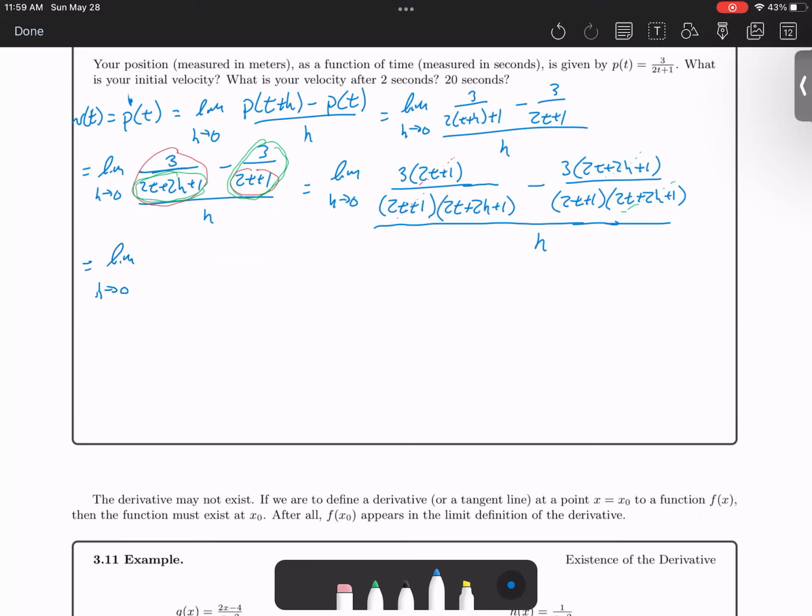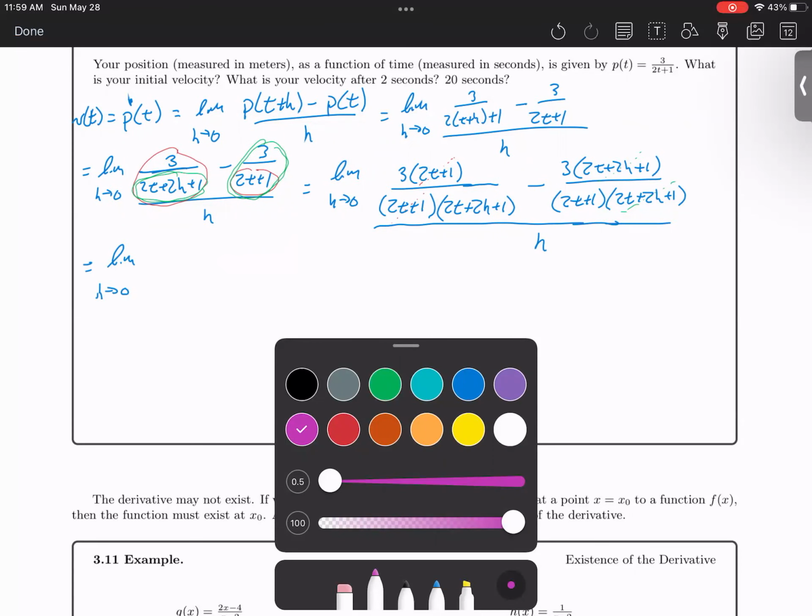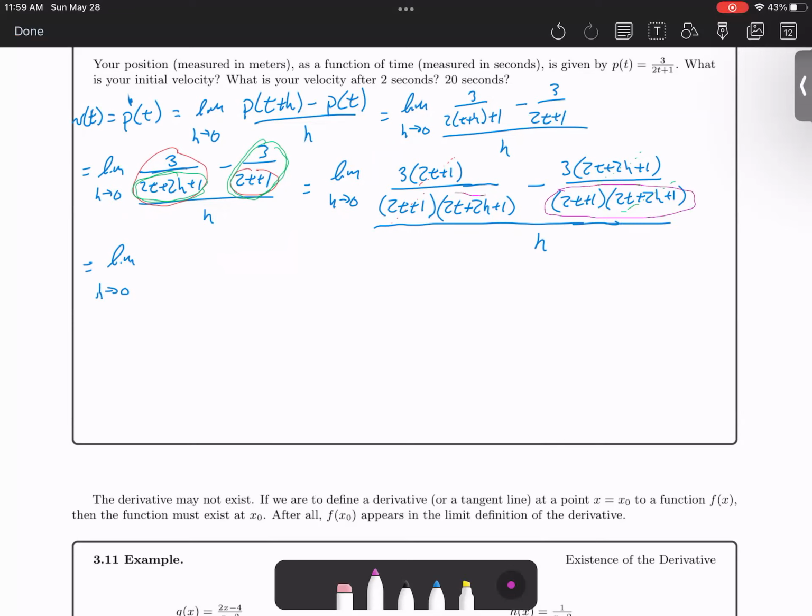All right, but now notice, why did we do that? Because now our denominators are the same, right? Those two fractions in our numerator both have the same denominator. So I can just write that as one giant fraction. This is going to be 3 times 2t plus 1 minus 3 times 2t plus 2h plus 1 over that denominator, the common denominator. And then all of that is still sitting on top of an h.